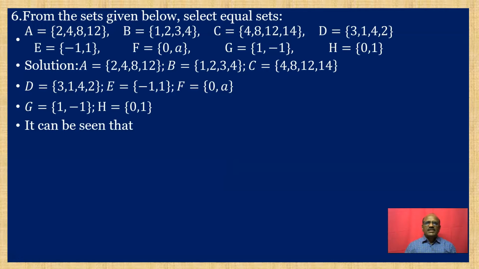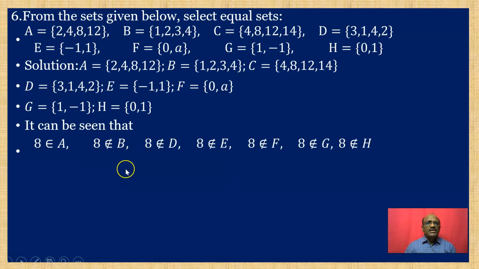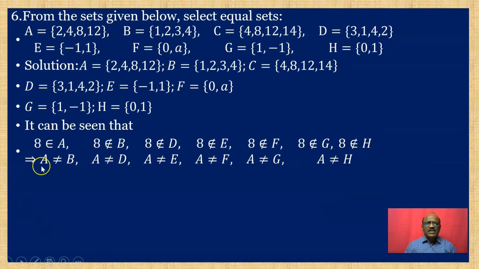It can be seen that 4 belongs to A and it does not belong to B, D, E and F, G, H. Therefore A is not equal to B, A is not equal to D, A is not equal to E, A is not equal to F, A is not equal to G, A is not equal to H. In this way you can.